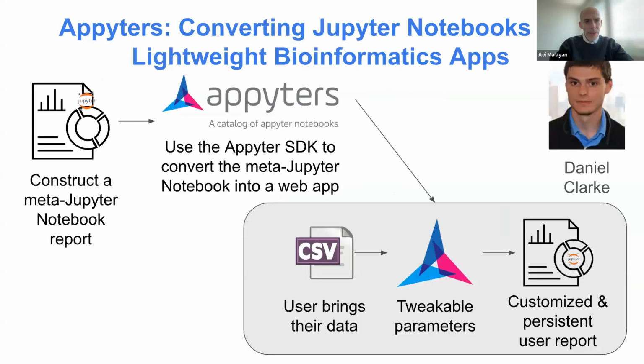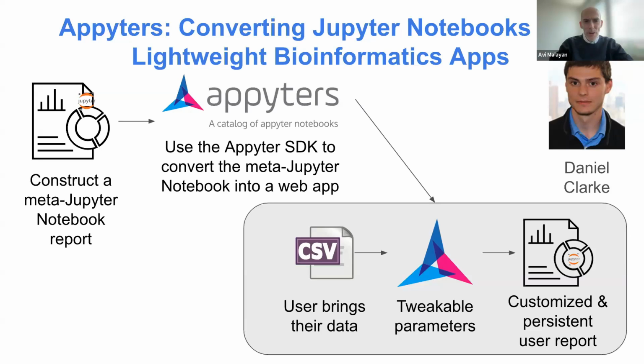Then when Daniel joined the lab, he developed the successors of BioJupies that made it more general. Now we can apply a similar approach to build very fast, lightweight bioinformatics applications by converting Jupyter Notebooks into a full stack web-based application, by putting in the notebook a few global variables that turn into an HTML form once you compile the Appyters with an SDK.